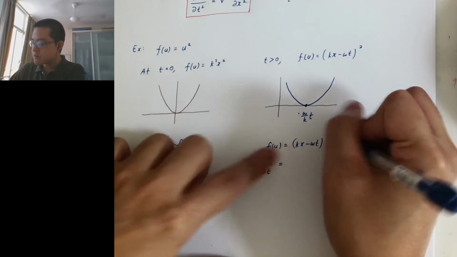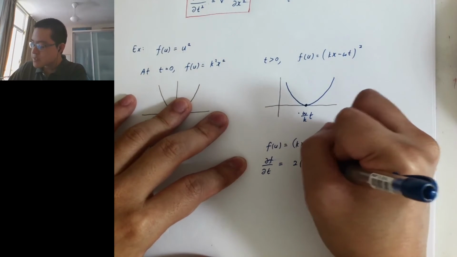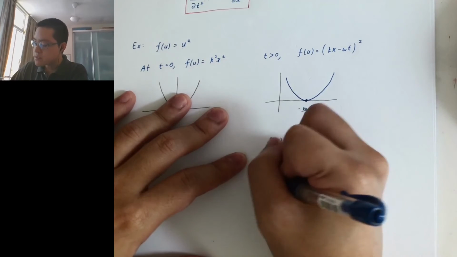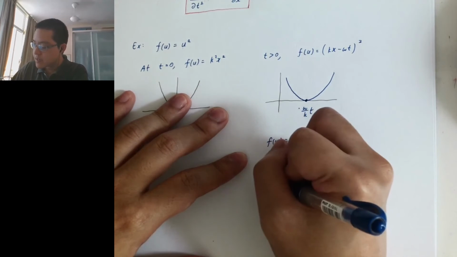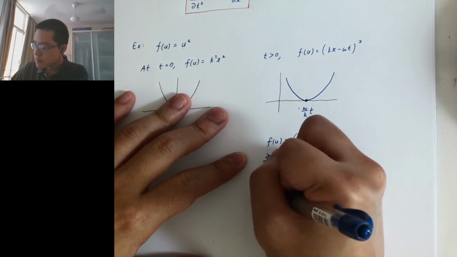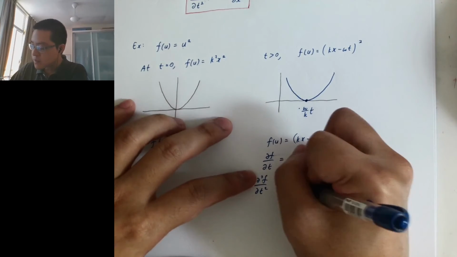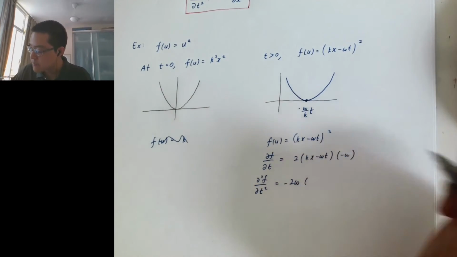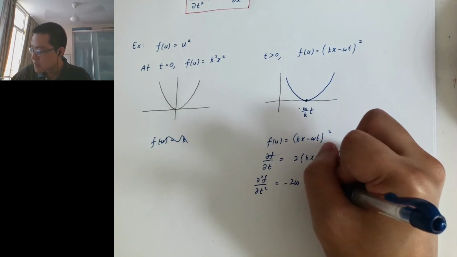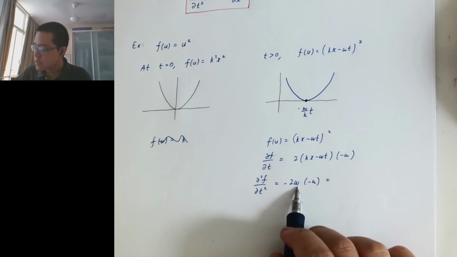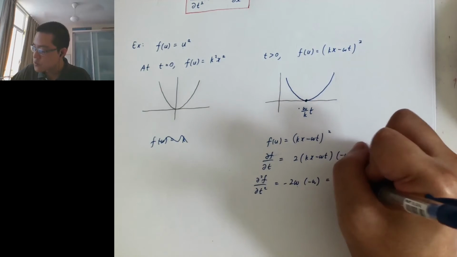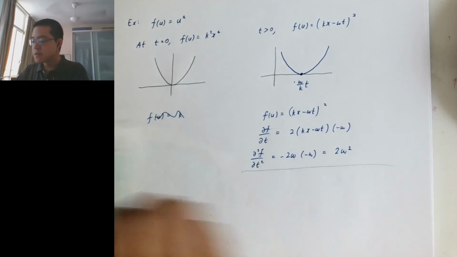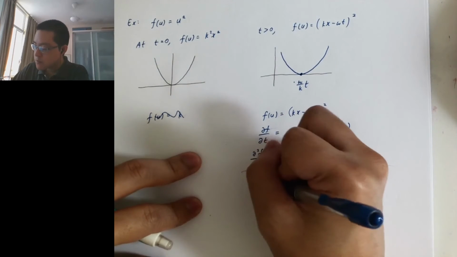I got 2 times kx minus omega t, and then the chain rule gives me a negative omega. Then I differentiate t again. All these are constants, so I get minus 2 omega, and differentiating this I got negative omega again. So at the end I have 2 omega square. This is differentiating t twice.